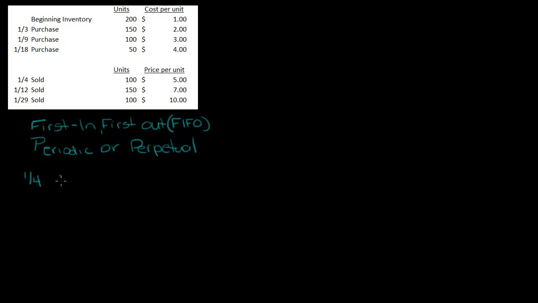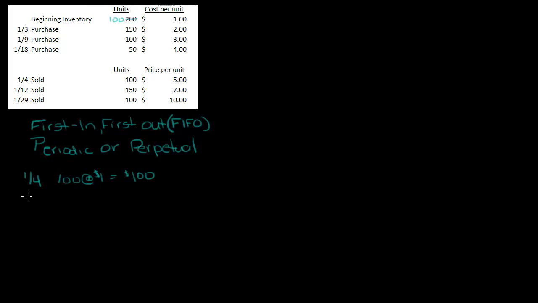So I'm going to take 100 units at $1 each, and that's going to be $100 total. Now when I'm doing these, I like to mark off what I've taken. So there aren't 200 units here anymore. Now there's only 100 units here, because we used 100.